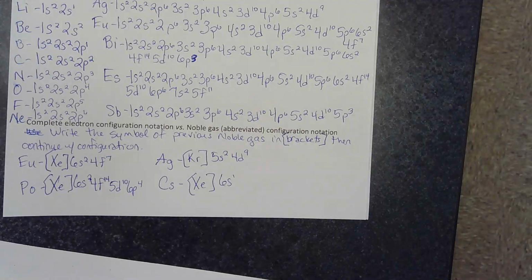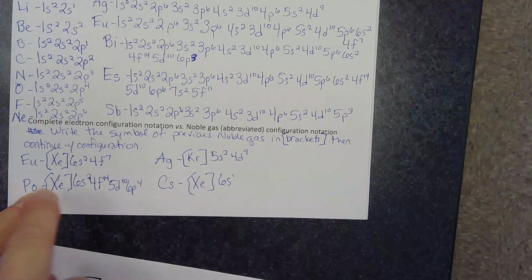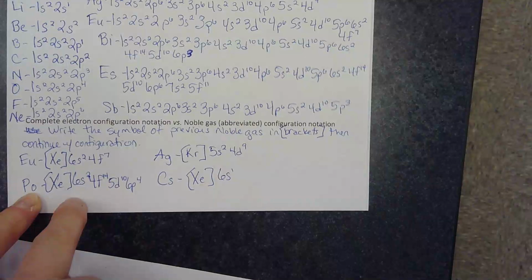All right, you need to make a note of this in your notes. Pay attention and listen to me. On Achieve homework, pay attention because they give you the noble gas in brackets. They're giving you that.